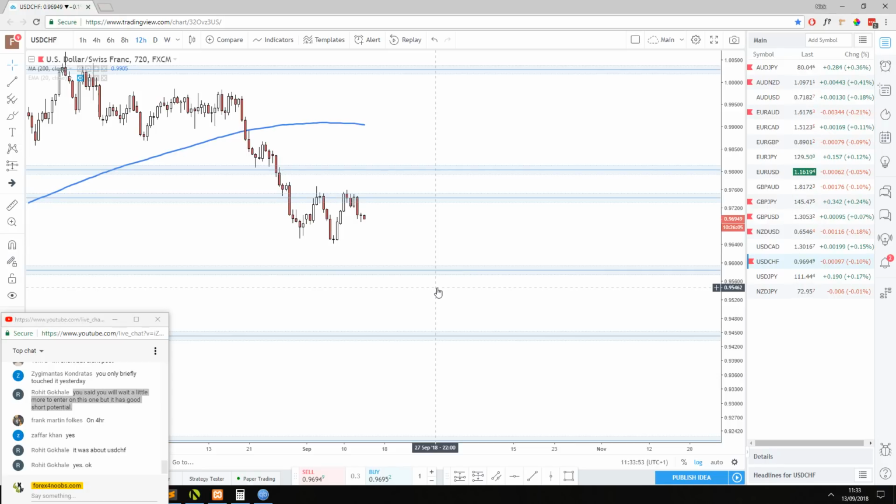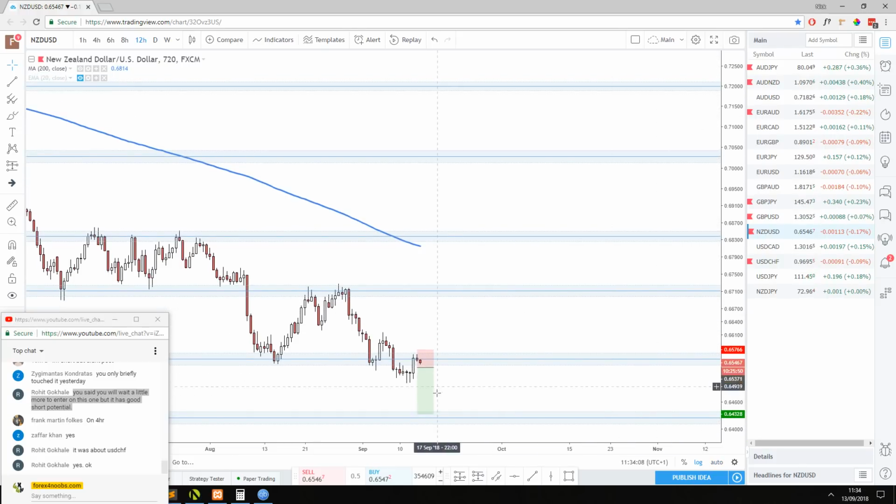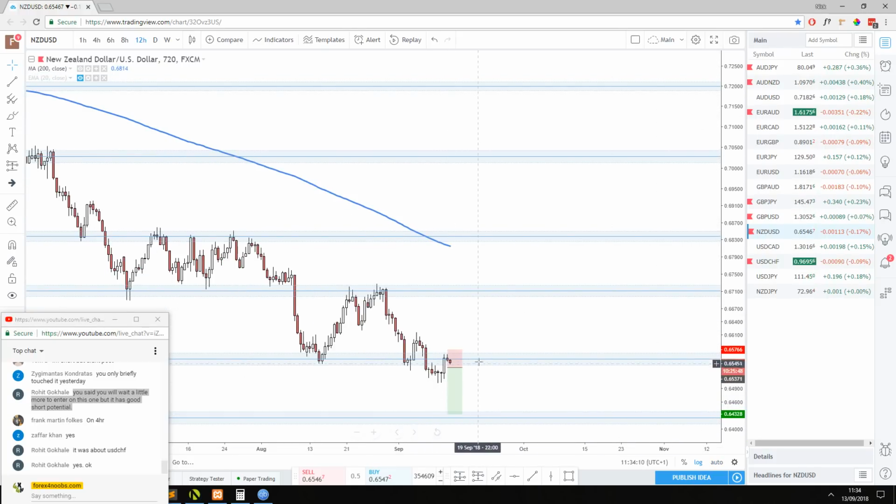Right, so loads of setups, productive webinar, I would say, productive analysis session. The trade I'm most looking forward to is New Zealand USD. I think this has some good potential to drop down to this support area over the next week. I think it will take a little while, but I think this has good potential to drop down.